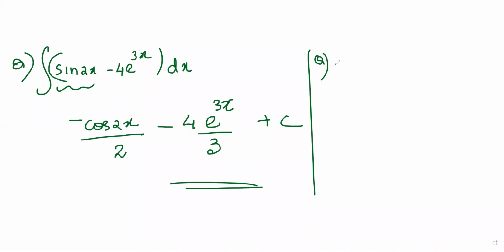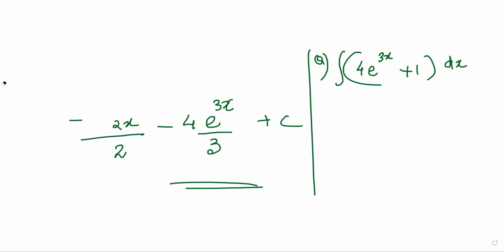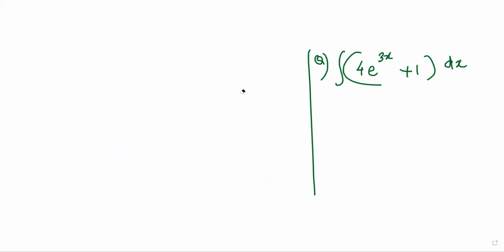Integral 4 e raised to 3x plus 1 dx. So I'm writing some questions. You do them one by one. These are very simple questions. I'll write here and I'll solve here.